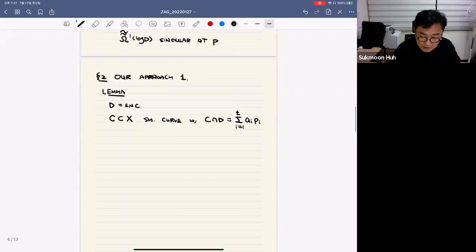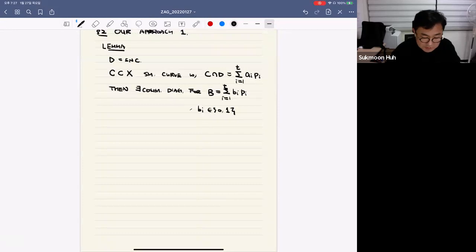Okay. Then we can expect to have the following commutative diagram for points B, a zero-dimensional scheme, the sum of b_i P_i, where i runs from 1 to t, and b_i is either 0 or 1.